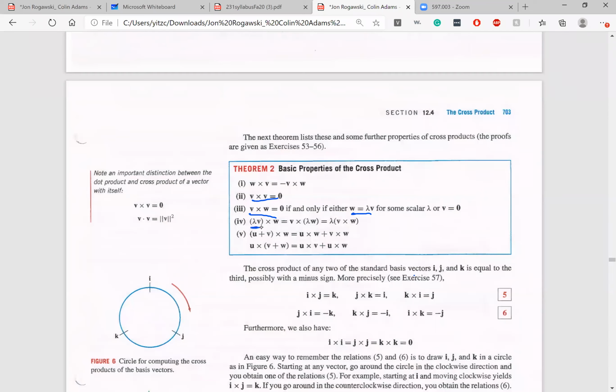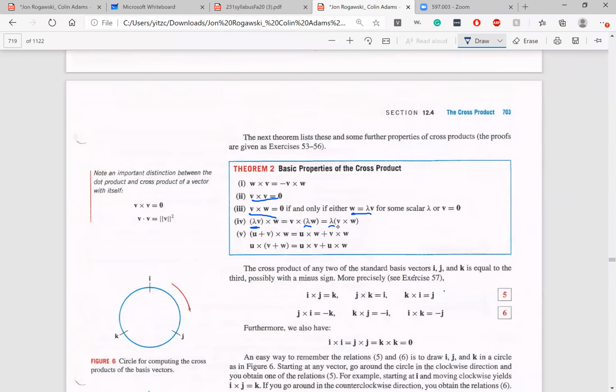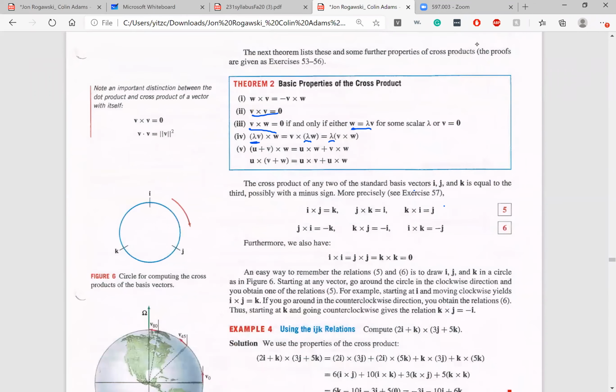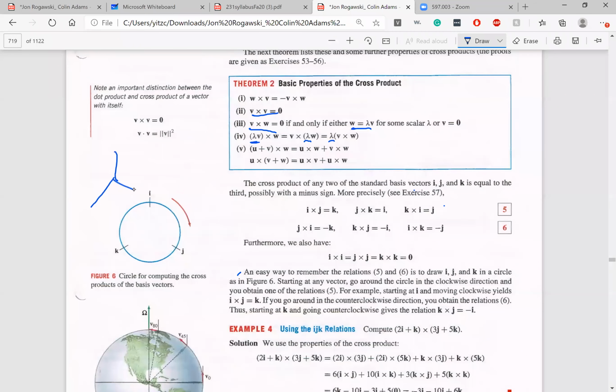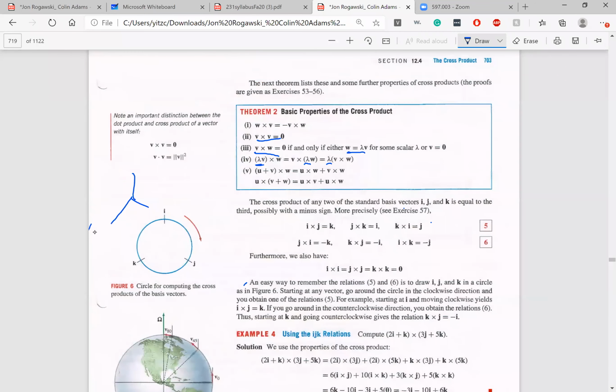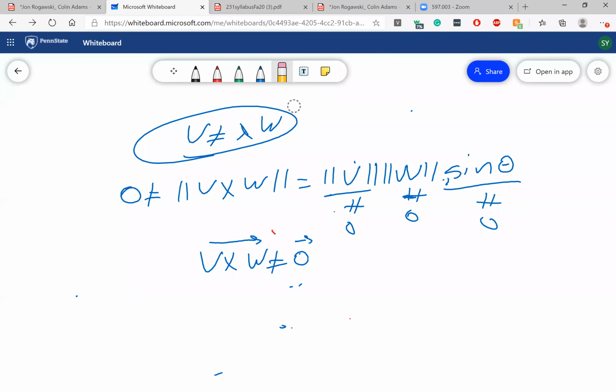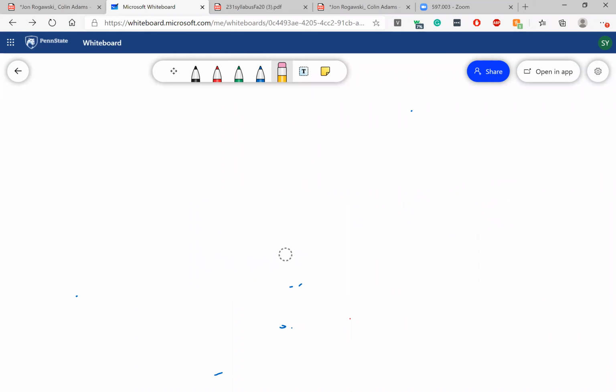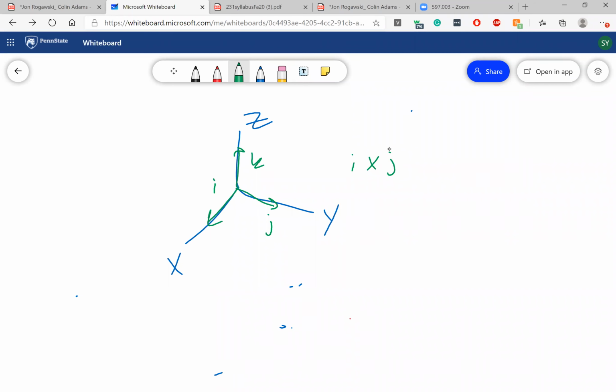We can move the scalar around. Another interesting thing about the cross product when looking at i, j, and k, because the cross product always gives you the vector orthogonal to the two vectors: here's x, y, and z, and if we look at the vector i over here, j over here, and k over here, then i cross j will give us this vector over here, so that equals k, and so on.